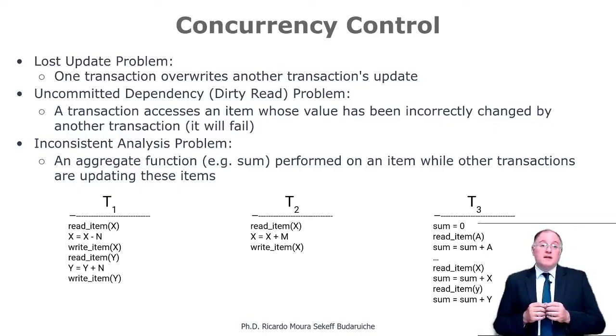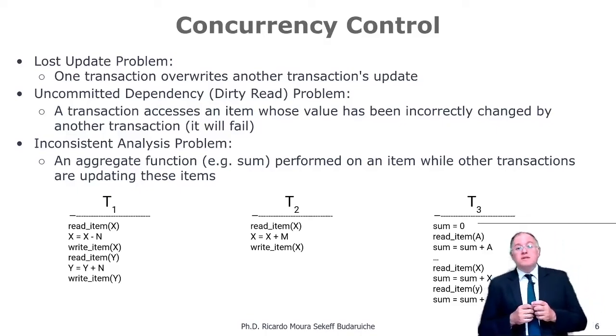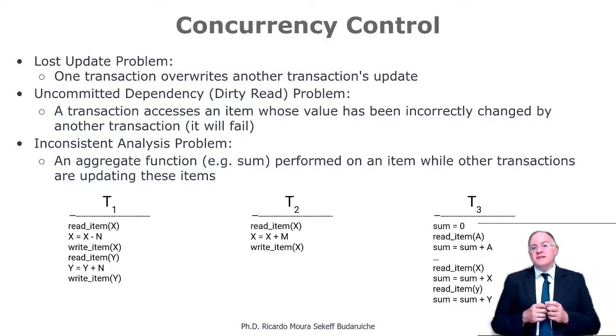And the last one is called the inconsistent analysis. It occurs when the transaction needs to repeat the read of an item every time it changes. Normally, it happens using aggregate functions like sum, average, or other aggregate functions.